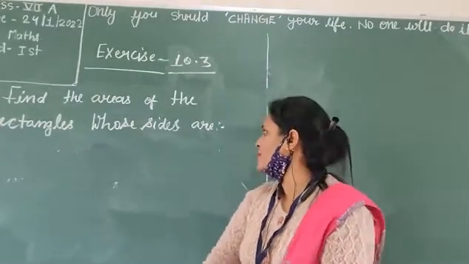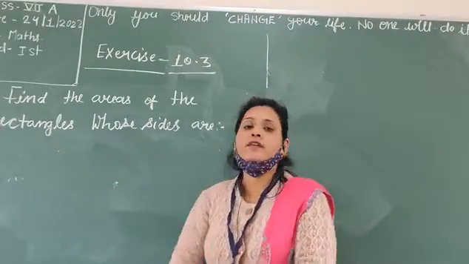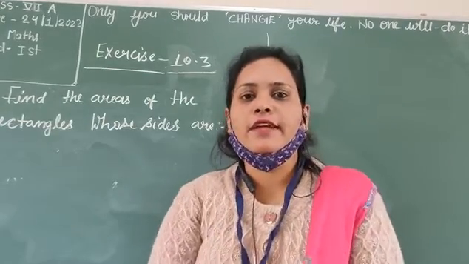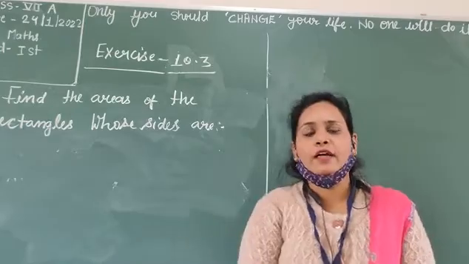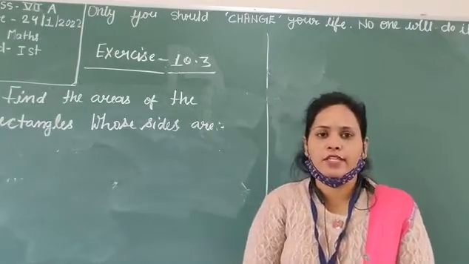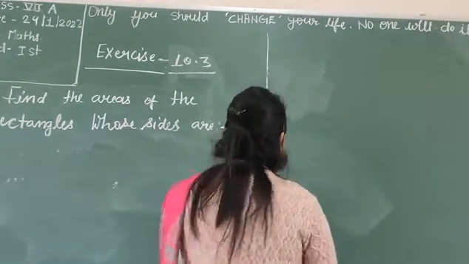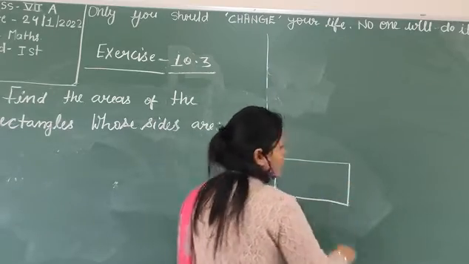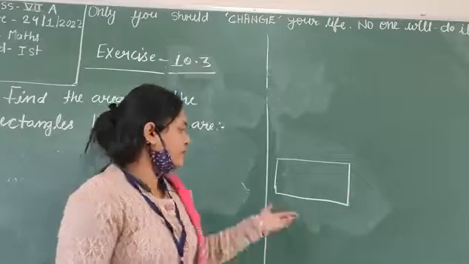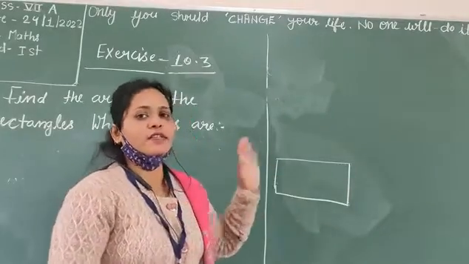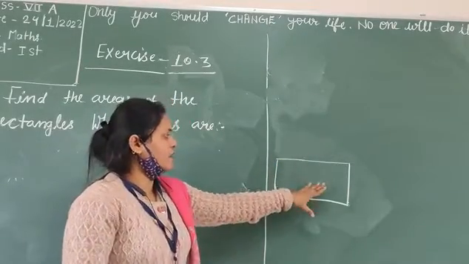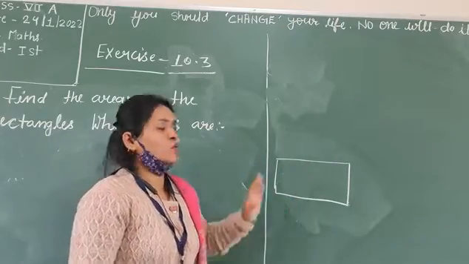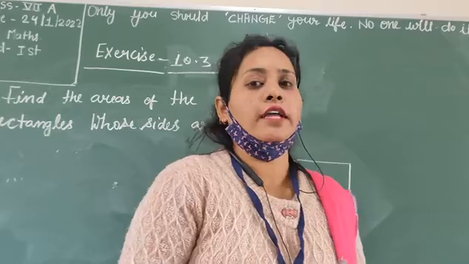Which type of shape is here? It's a rectangle. Firstly we will understand how we can find the area of a rectangular shape. A rectangle has four sides and four angles, and the opposite sides are equal.